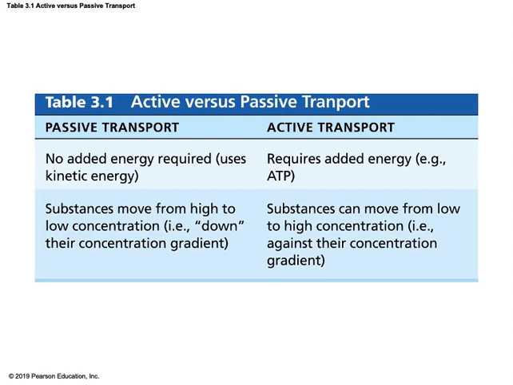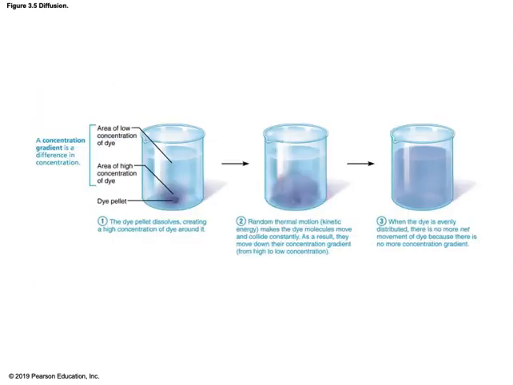Let me just show you what I mean by that. Everybody is familiar with this concept. If you put a little dye pellet or say a packet of Kool-Aid into a beaker of water, the molecules that comprise the dye will permeate evenly throughout the solution, in this case, probably water.